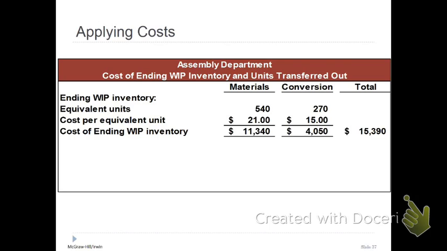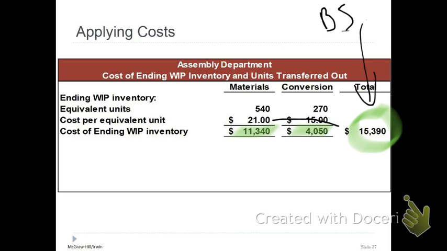And notice the ending work in process inventory is 11,340 and 4,050 for a total of 15,930. That amount there would show up on our balance sheet as our work in process inventory. These two amounts here become important because they're the ending work in process for this period, but they're going to be the beginning work in process for the next period.